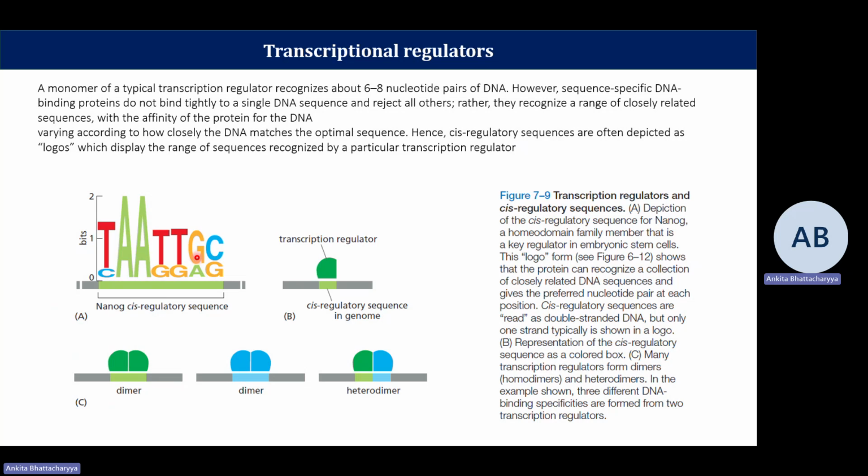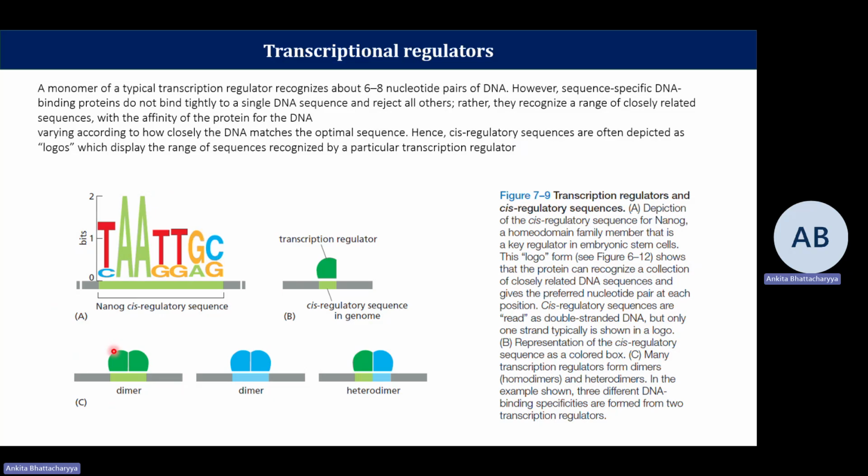If you wish to look up any protein which is a transcriptional regulator or a transcription factor, you will find this information from that database. It will usually give you a pattern of this sort where you find some bases written much larger, and sometimes you'll find multiple bases to be present.